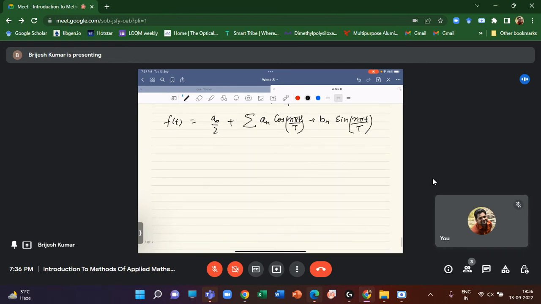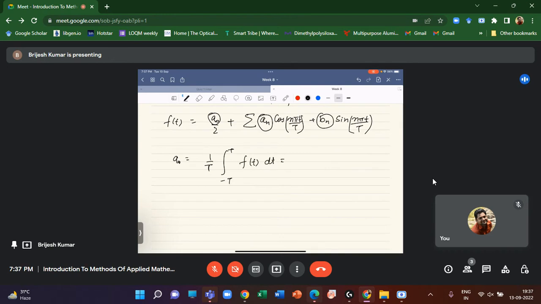So we have to find this a0, an, and bn. Our a0 will be, the formula was 1 by t integration from minus t to t of f of t dt.